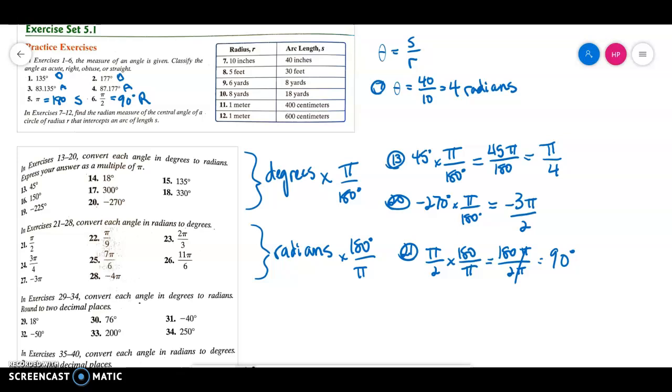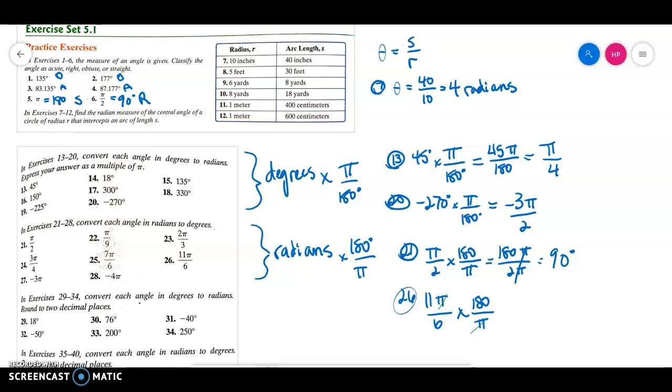So let's try one with a fraction instead, because I know we don't love to see fractions. Let's do 26. So if we have 11 pi over 6, and I'm going to multiply it by 180 over pi. Now, in my world, I would cancel those pi's.